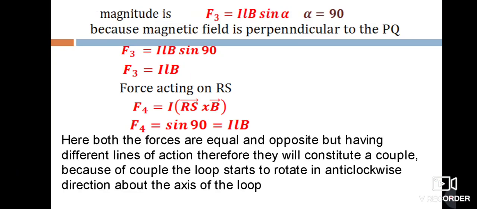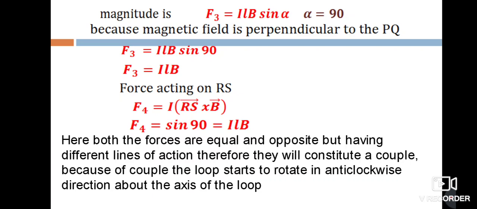Here both the forces F3 and F4 are equal as well as opposite, but they are not acting on the same axis, they have different lines of action. Therefore, they will constitute the couple. Already in first PUC you have discussed the couple. A couple is nothing but two equal and opposite forces which are acting on different lines of action.